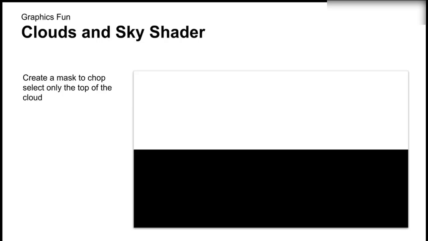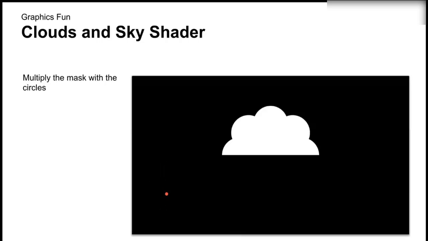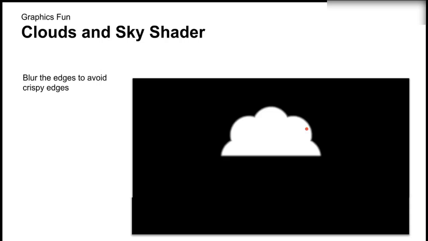But if we keep on going, you can come up with a mask full of 1s at the top and 0s at the bottom of the image and multiply that over the cloud, which cuts off the bottom, which makes it look more like a cloud in my opinion. And then it's always wise to blur the edges if you can, because it will help reduce artifacts down the road, and you can reuse it for outlines, which we will.